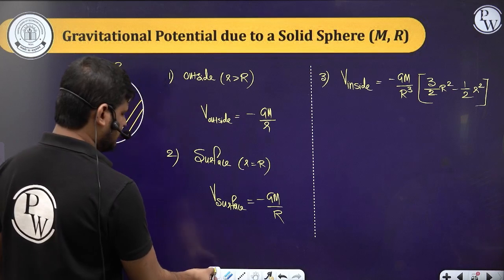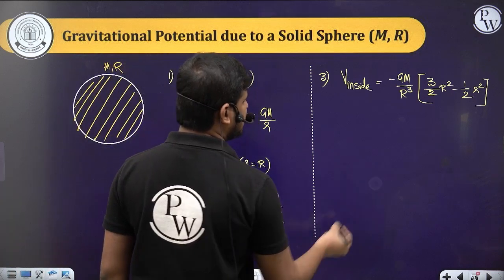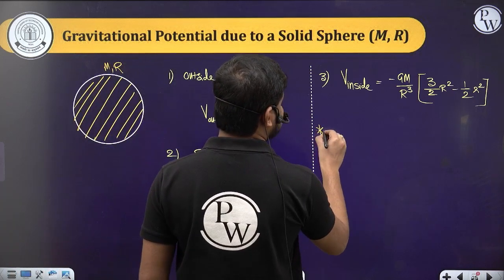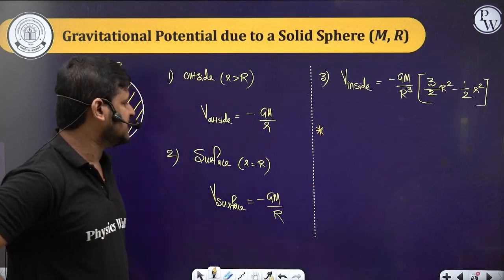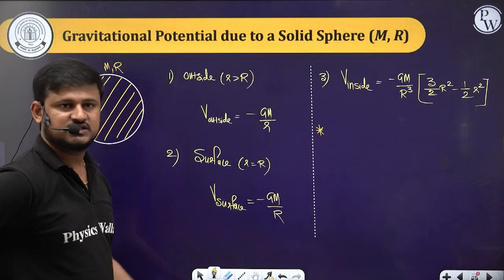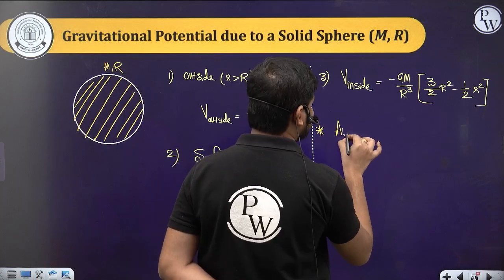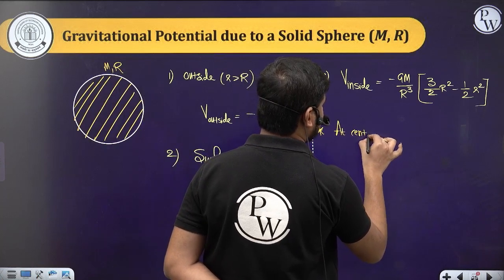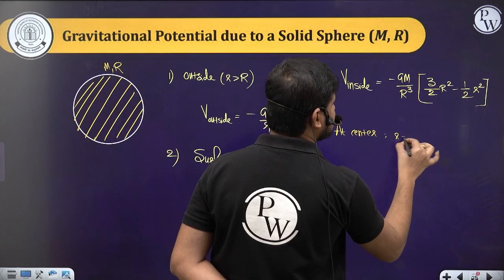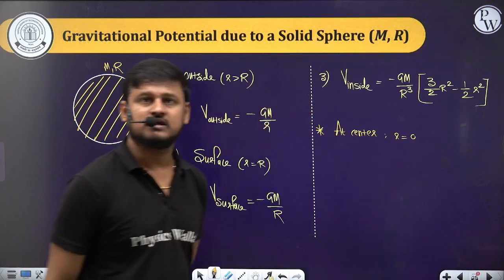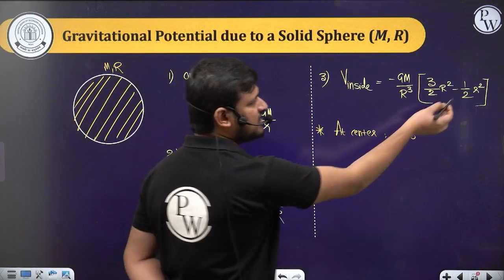So here one more thing. What is the relation between the potential at the center and potential on the surface? At the center, the small r will be equal to 0.